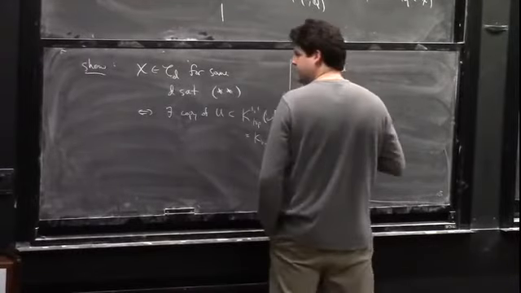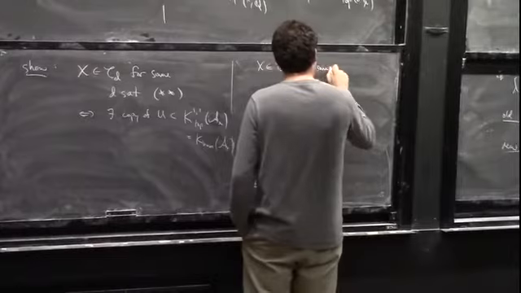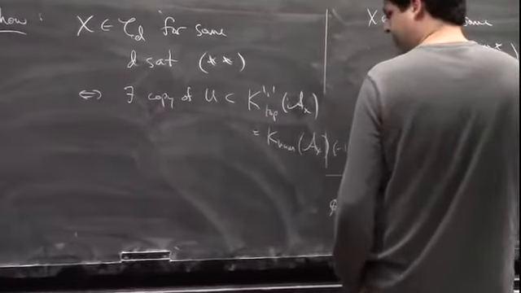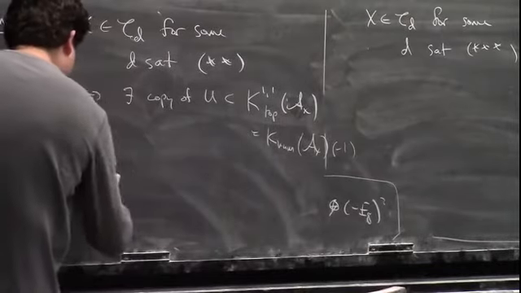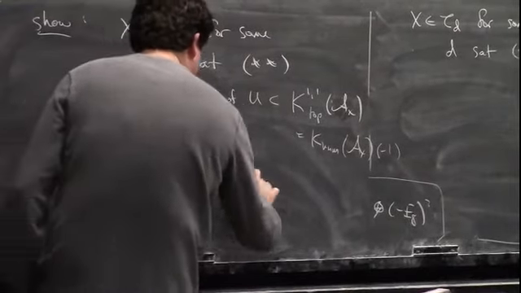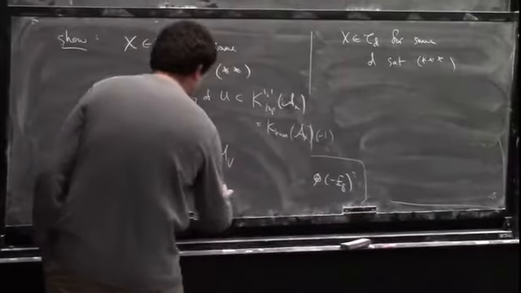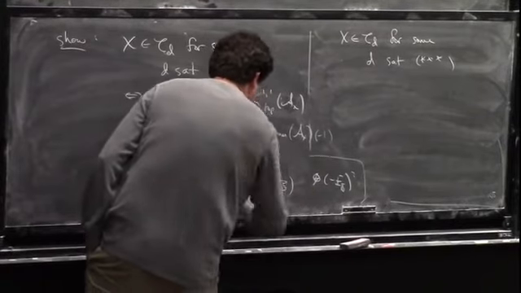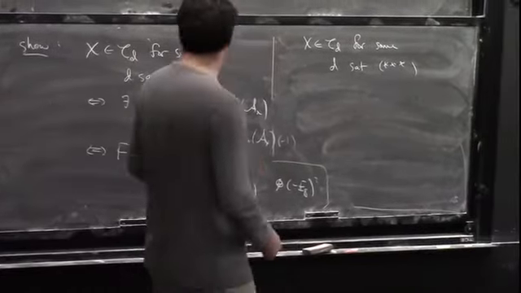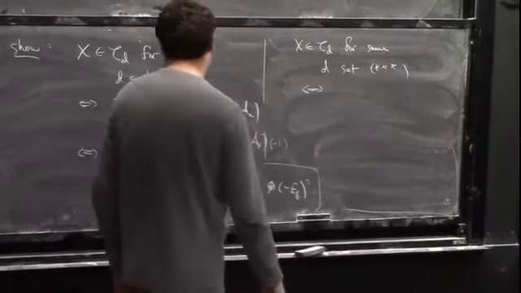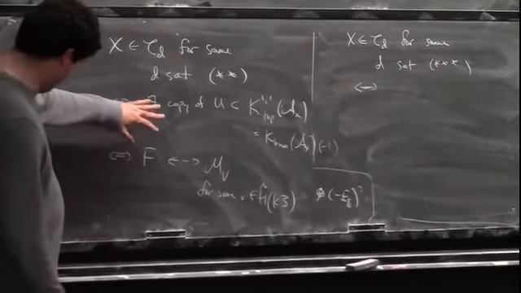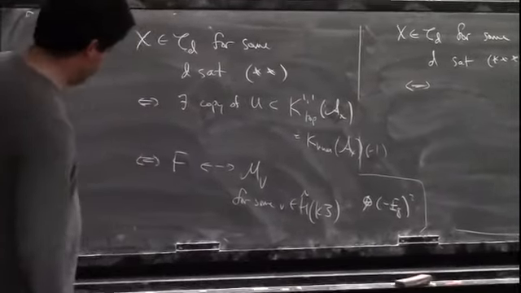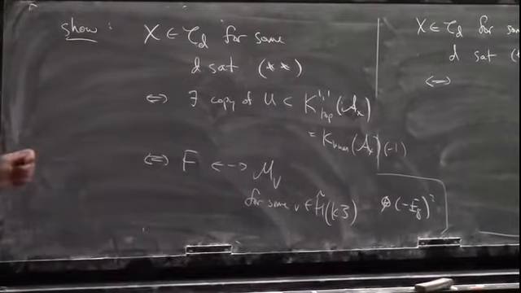And then you show that X is in CD for some D satisfying the stronger condition. So this is birational to a moduli space of sheaves for some D. It's in there if and only if there's some slightly painful characterization in terms of the lattice, but saying that there's an isotropic vector that dots with V to give you 1.